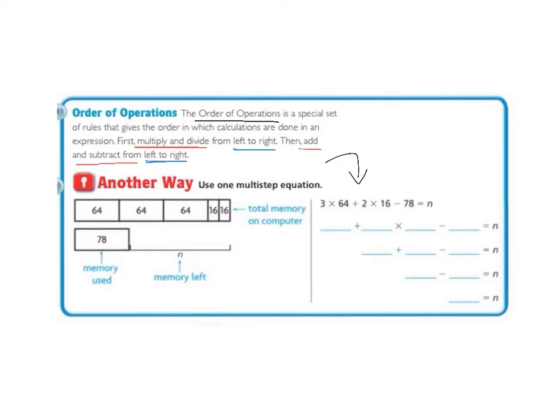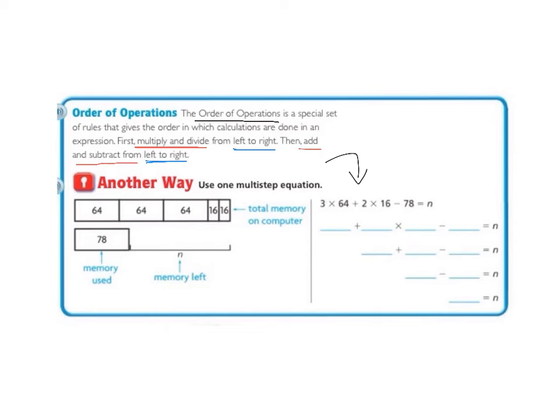So instead of saying step 1, step 2, step 3, I have this big equation. But all of our bits and pieces are in the equation. This is the 3 memory chips that were each 64. This is the 2 memory chips that were each 16. And this is the 78 that we subtracted at the end. So all of our pieces are there.